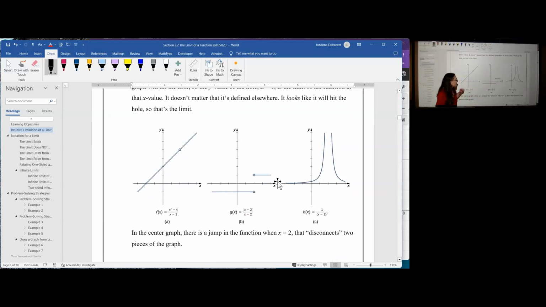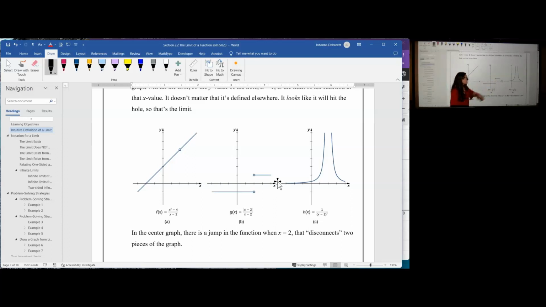The center graph is again a piecewise defined function, and it can also be written as the absolute value of x minus 2 divided by x minus 2. X cannot be 2, or we would have 0 in the denominator, so it is not defined at 2. We have open holes at each segment of the graph of the function.